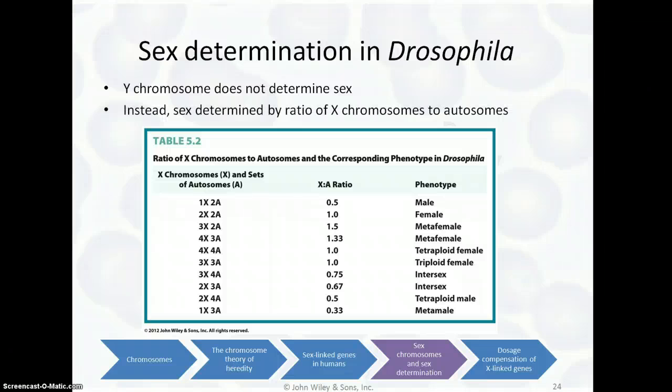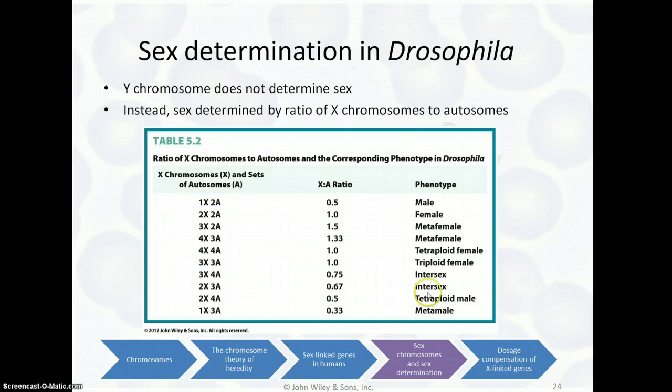But instead, the sex of the flies is determined by the ratio of X chromosomes to autosomes. So if you have an X chromosome to autosome ratio of 1, you are female. Less than 1, or 0.5, you are male.